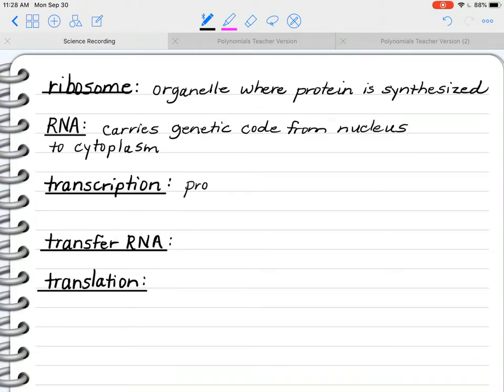Transcription is a process in which DNA is copied to RNA. Transfer RNA carries amino acids.